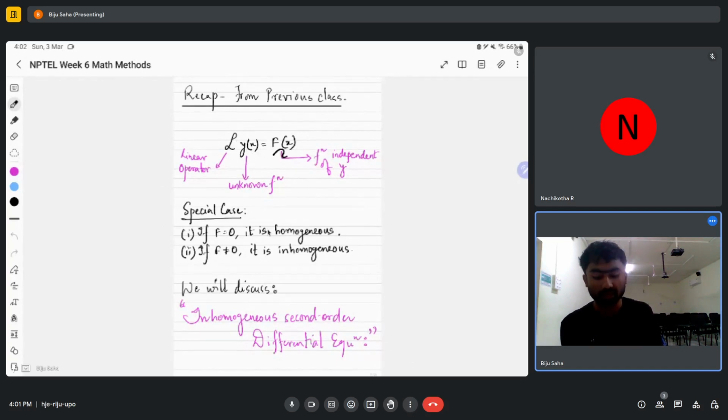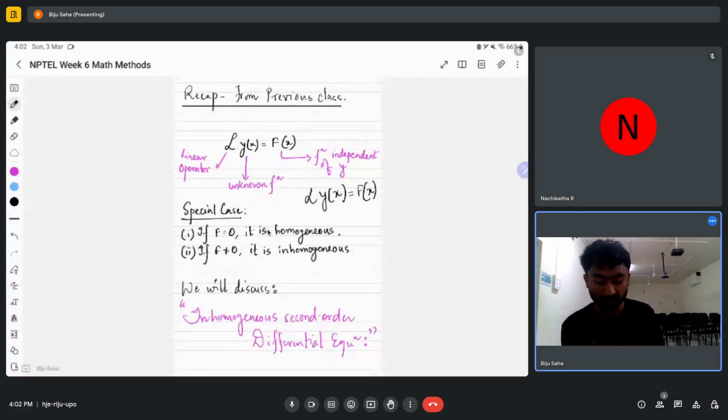It operates on an unknown function of x, and it spits out a function which is a function of only x. So what I have is a function y(x), on which a differential operator acts, and that gives a function which is just a function of the independent variable, that is x.